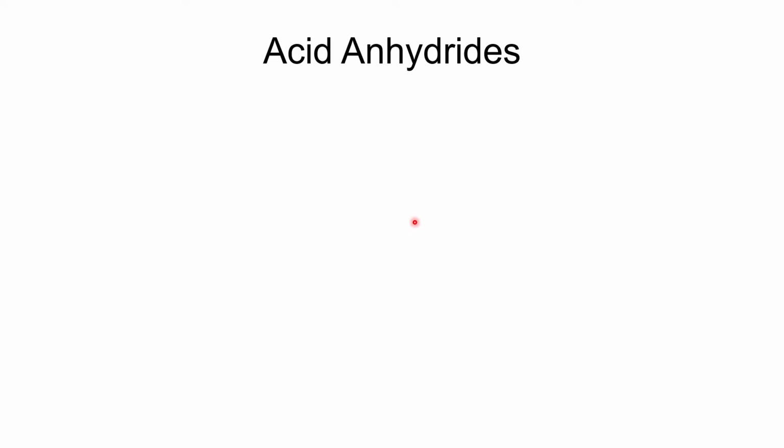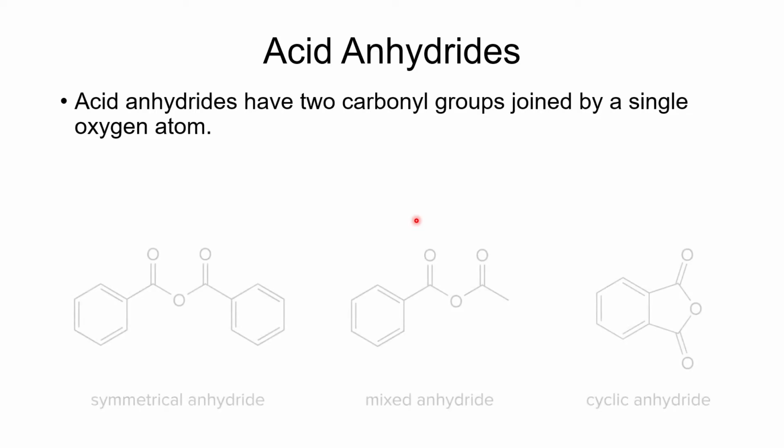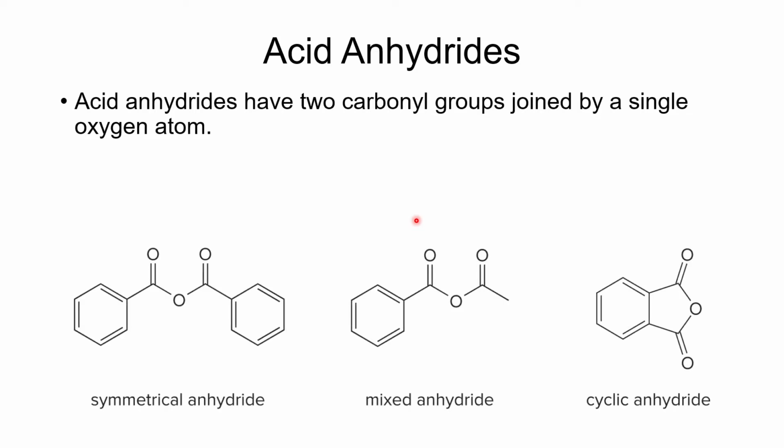So we've talked about acid chlorides before. I do want to mention acid anhydrides because we haven't really talked about those up to this point. Acid anhydrides have 2 carbonyl groups that are joined by a single oxygen atom. And there are several different types of acid anhydrides that we're interested in.